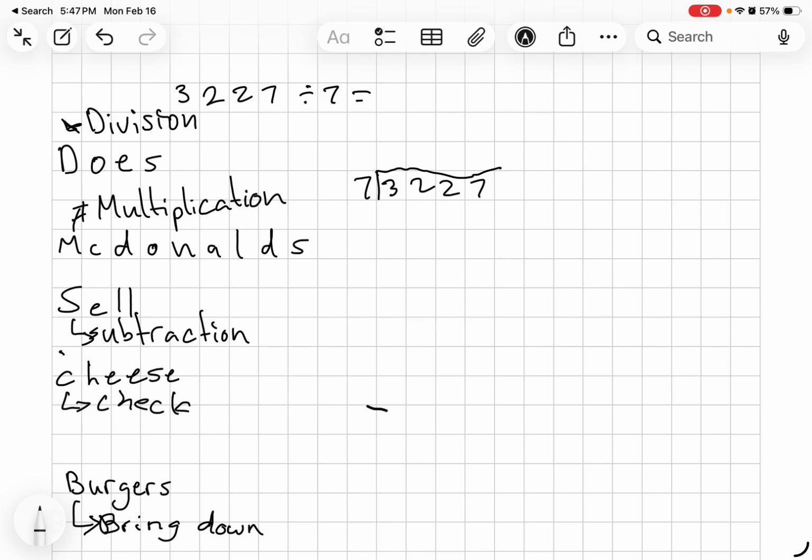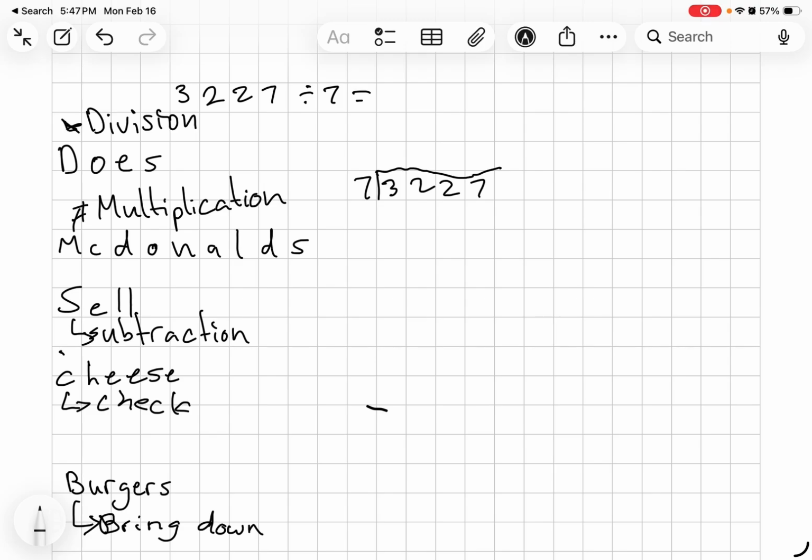Now, you might be thinking, what is all this for? Well, let's do the first step. Division. Now, we forget about the 227, and we only focus on the 3,000. We can even think of it as 3. Okay? But can 7 go into 3?